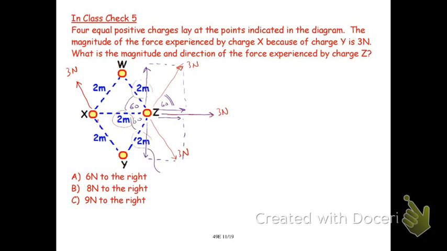And if that's 60 around here, then that's 60 down here. Good, okay. I can look here and I can say this would be 3 sine 60. Hopefully you're kind of comfortable with that.